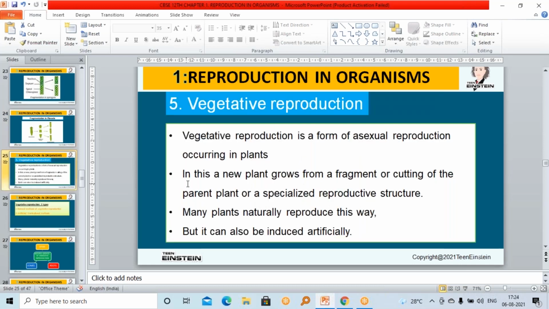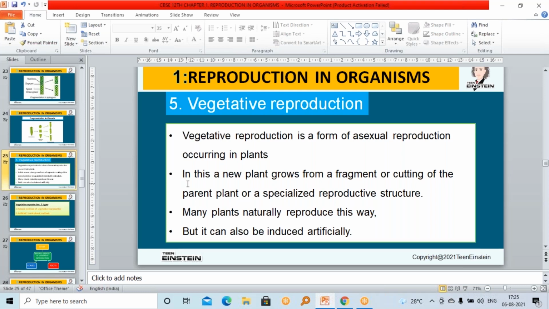So next, we are moving to the fifth method of asexual reproduction. What is that? That is vegetative reproduction. And we know that vegetative reproduction is a form of asexual reproduction in plants.